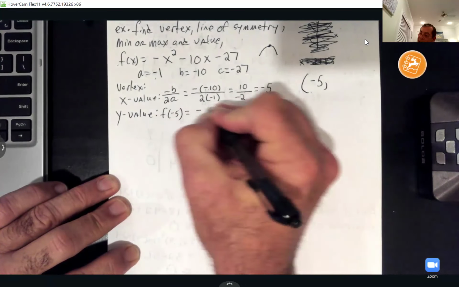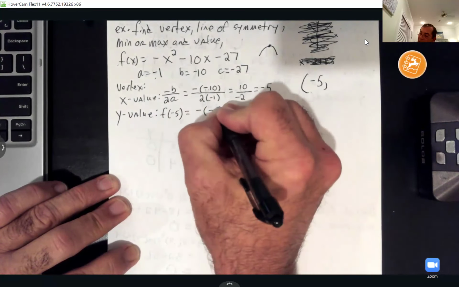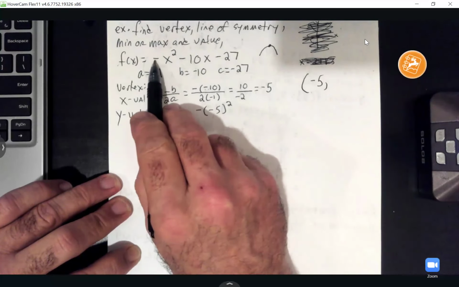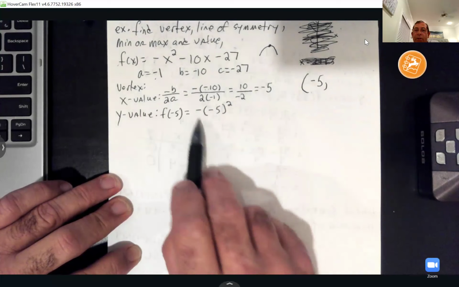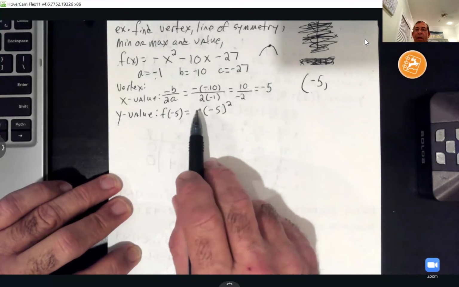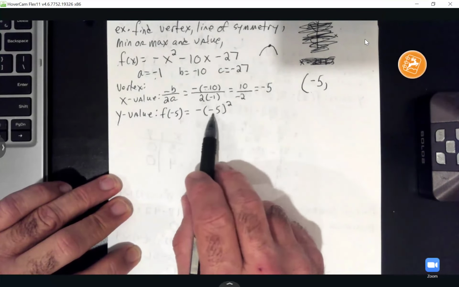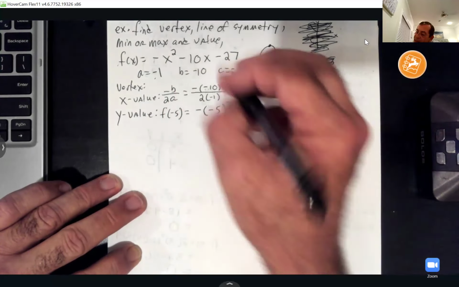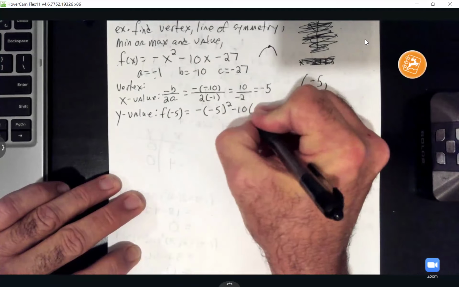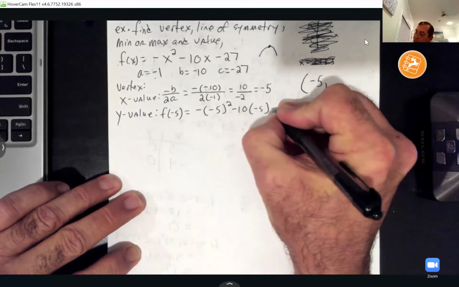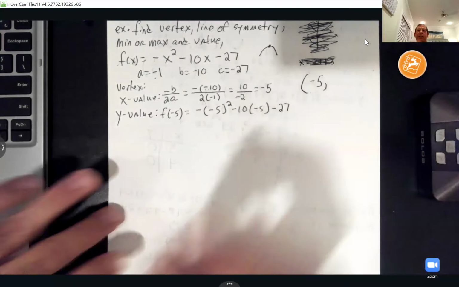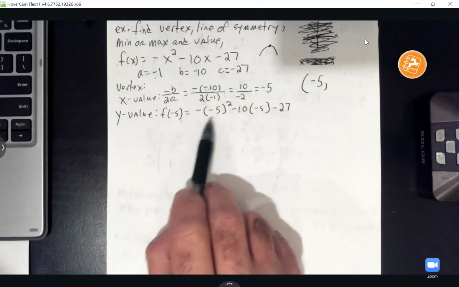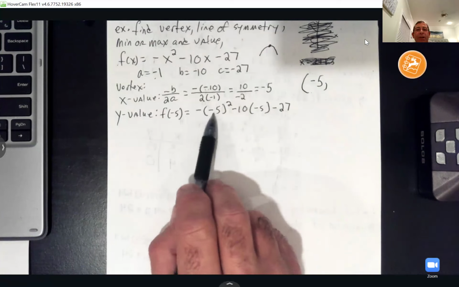That'll equal negative times -5 squared. Now, y'all notice this. That negative is in front of that x squared. So you got to bring the negative down, then put in your x value. Then I got -10 times that -5 minus 27. So y'all, let me ask you this. How many negatives do y'all see here?